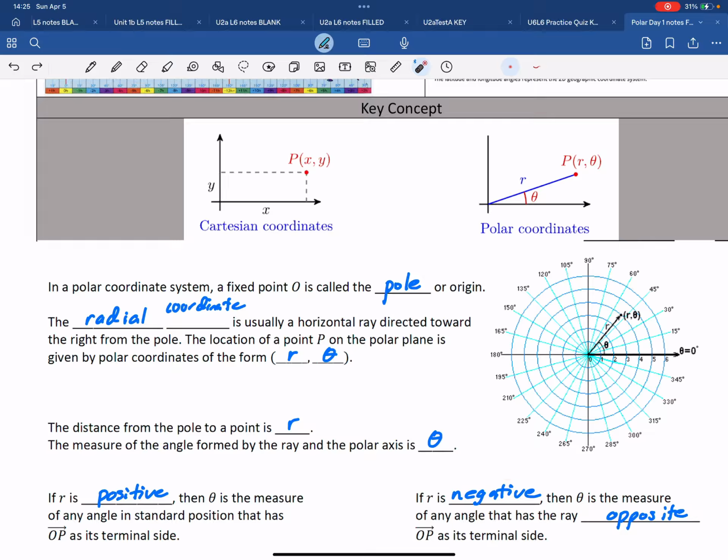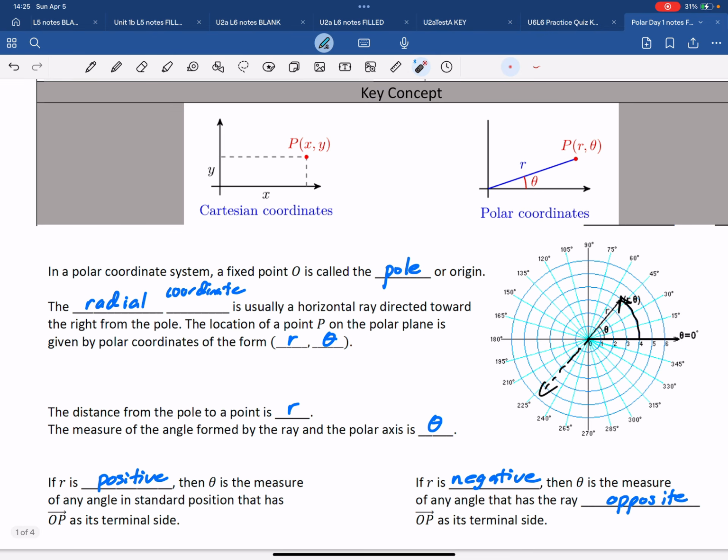If r is negative, then theta is the measure of any angle that has the ray opposite OP as a terminal side. So for example, if I had a negative radius here, this distance would still be my theta, but now my endpoint would be here. So we have to be a little bit careful if we have a negative radius. Theta is still the amount of rotation that we do. It's just that we go in the opposite direction from that rotation if r is negative. And we can have negative theta values also, but that's just a convention if you have a negative radius.